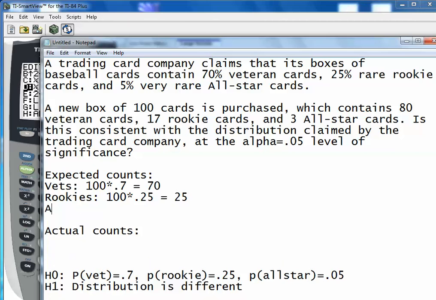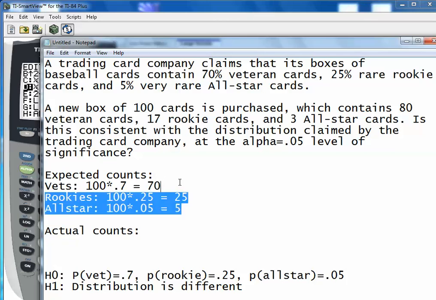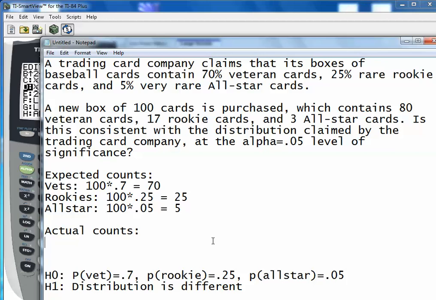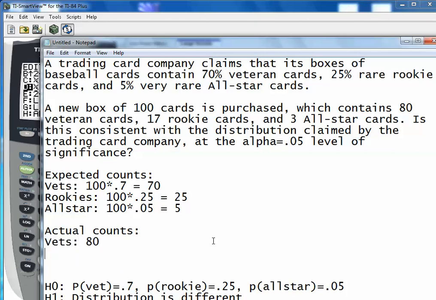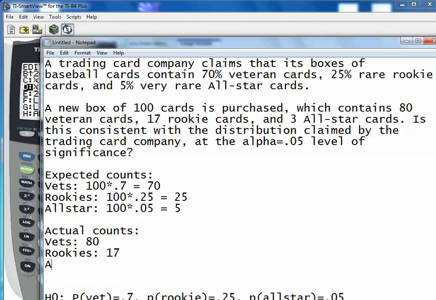And finally, all-star cards. I'm buying 100 cards, and 5% of them are all-stars, so I should get about 5 all-stars. So these are our expected counts, and we're going to compare them to our actual counts, where we got 80 veteran cards, 17 rookie cards, and 3 all-star cards.